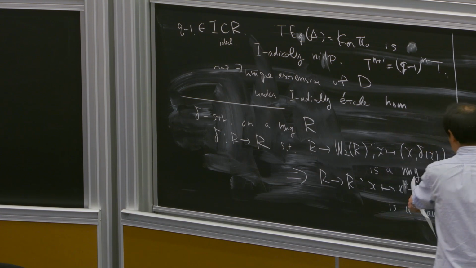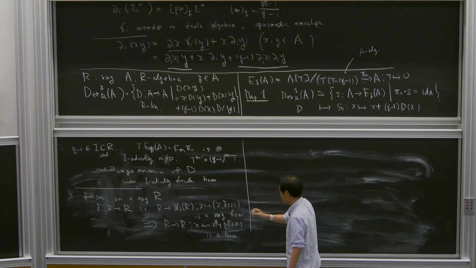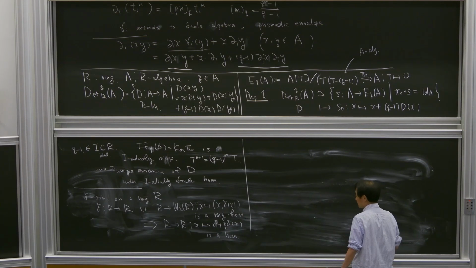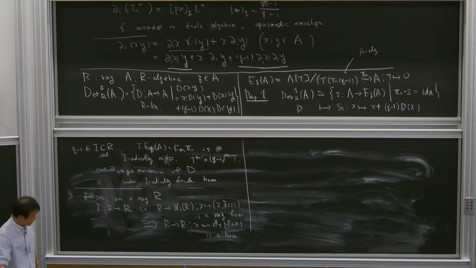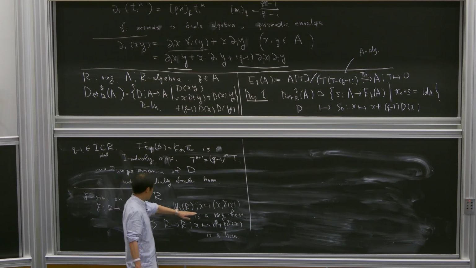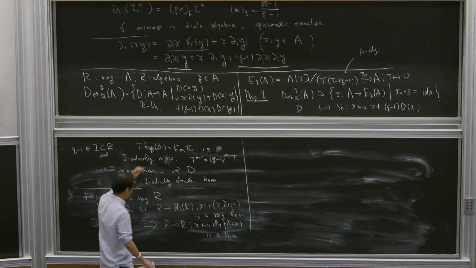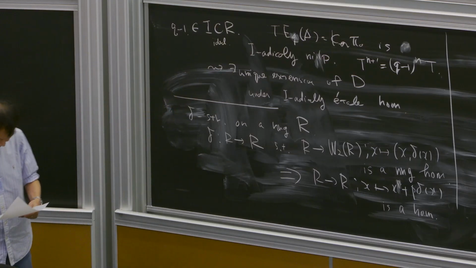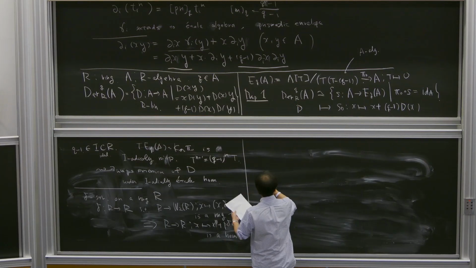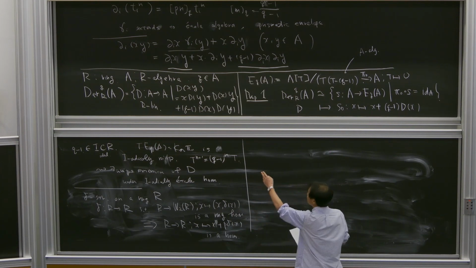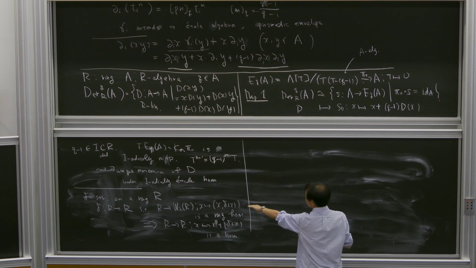And if p is a non-zero divisor, this condition is equivalent. This is also easy to check by using the explicit formula defining the multiplication and addition of these Witt vectors. Then what the compatibility of D with the delta structure should be.